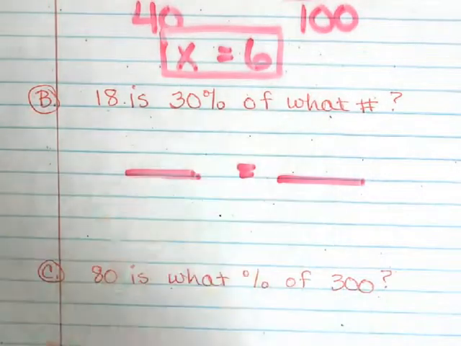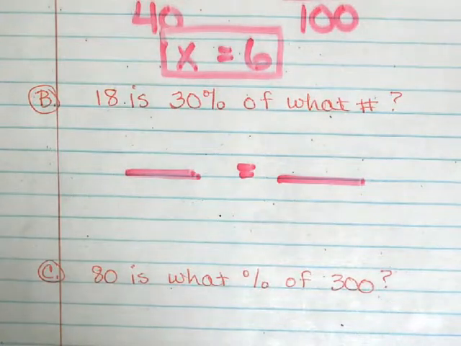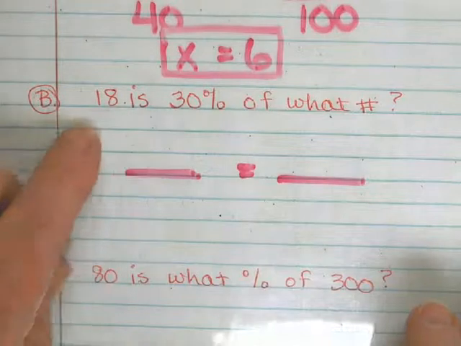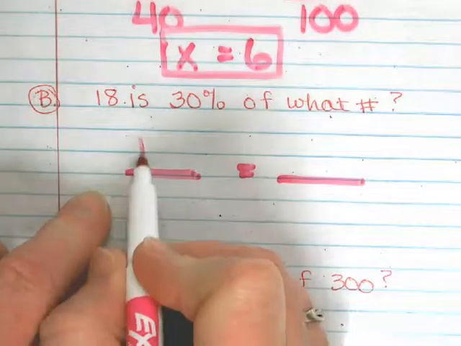Is 18 the is or the of? It's the is, isn't it? There's the is right next to it. So is on the top, isn't it?